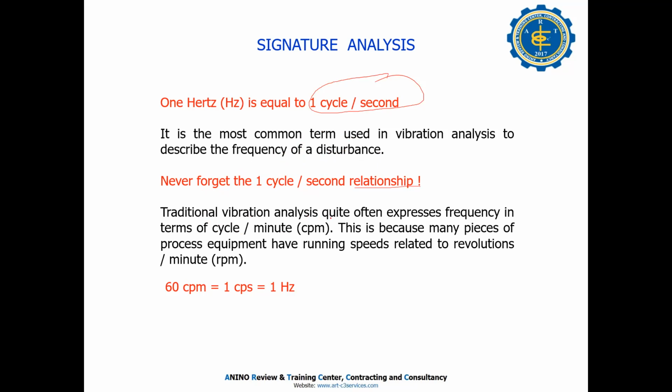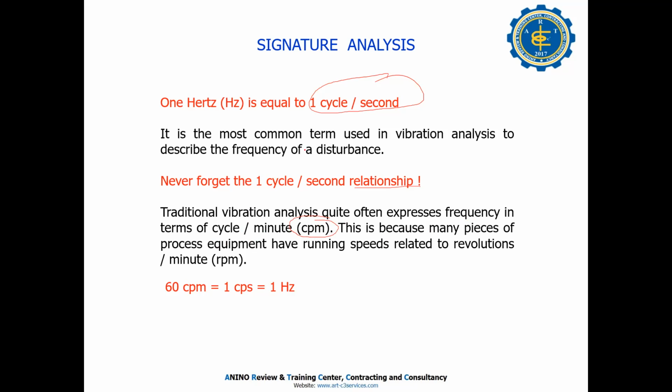Never forget the cycle per second relationship. Traditional vibration analysis quite often expresses frequency in cycles per minute. My friend before used CPM. When I went to his chair and looked at his analysis, I changed it to velocity, 1x, 2x.